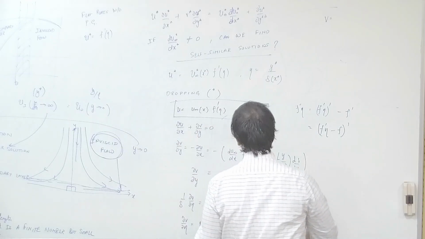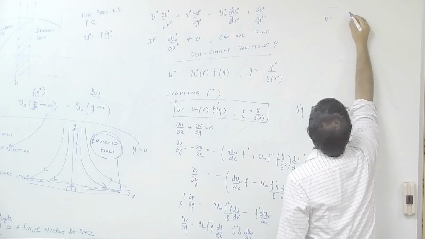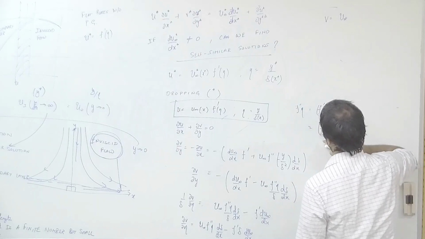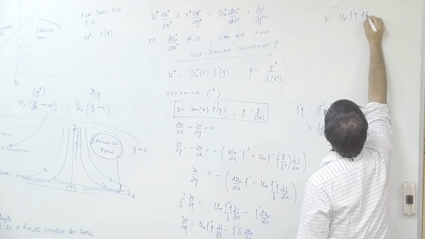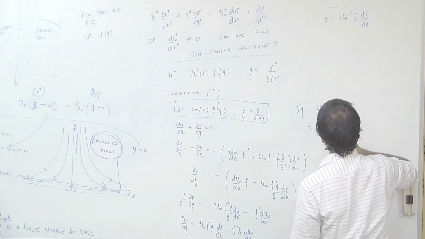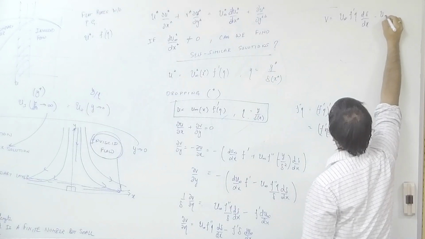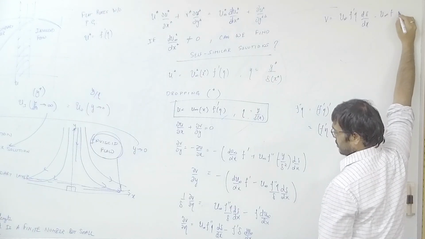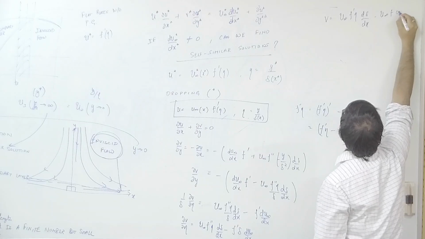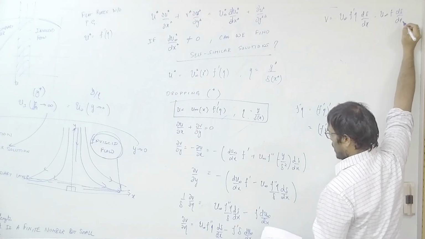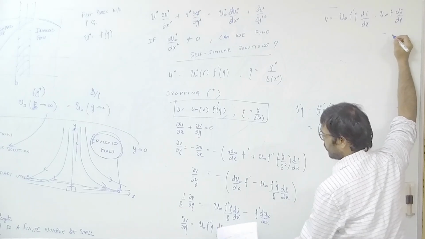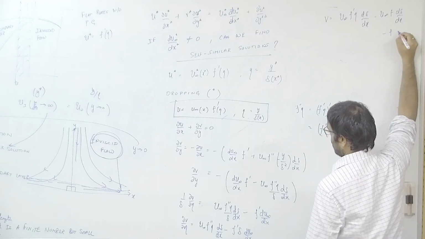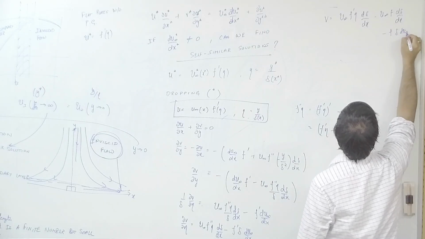So I can directly write v is going to be u infinity f prime eta d delta over dx, and then a minus of u infinity f d delta over dx, and then you have from here minus of, so f prime integral with eta will be f delta du infinity over dx.